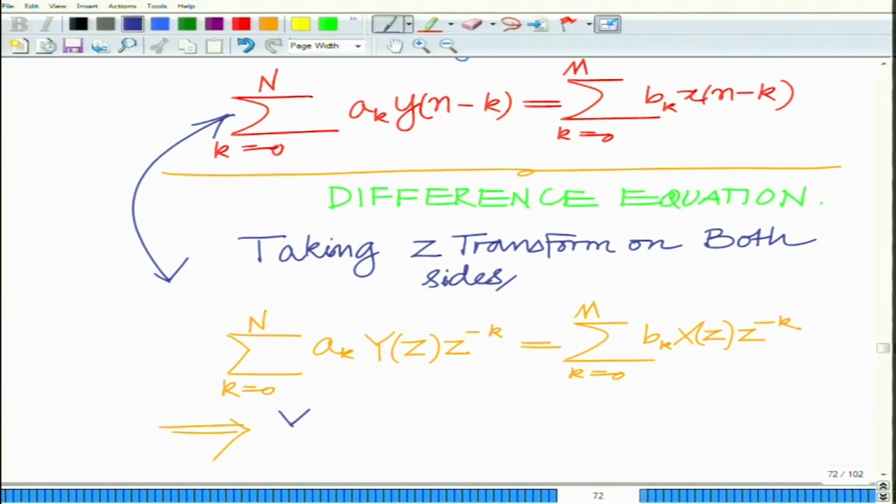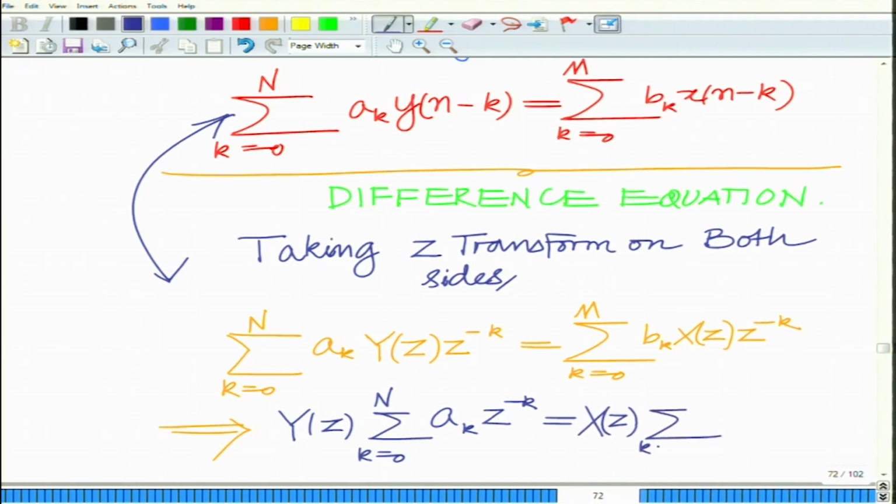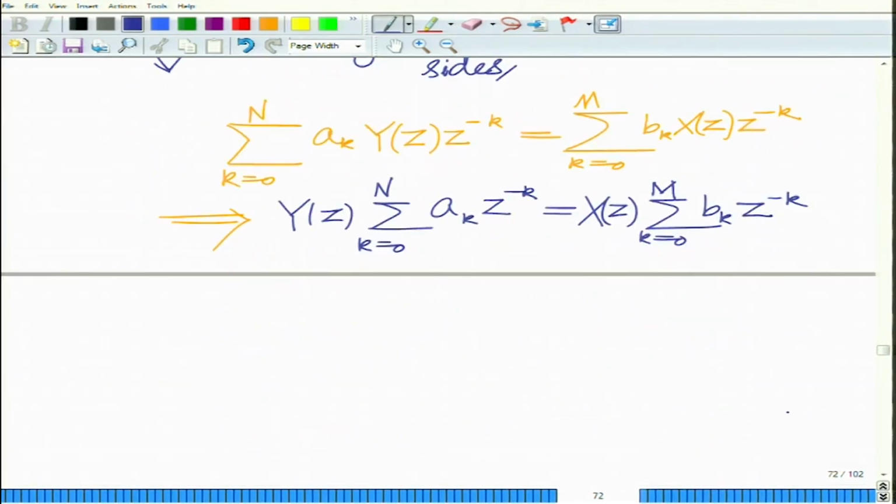Which means if you take Y(z) common on the left, that is the summation over k equals 0 to N of a_k z^{-k}, this is equal to, taking X(z) common, X(z) times the summation over k equals 0 to M of b_k z^{-k}.